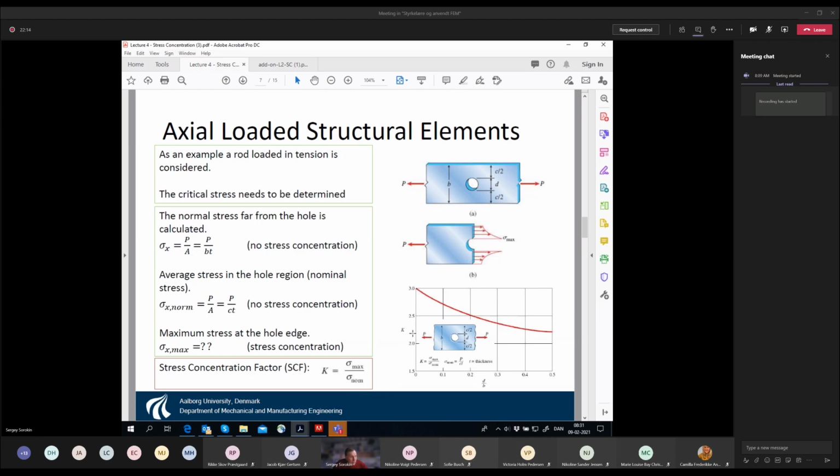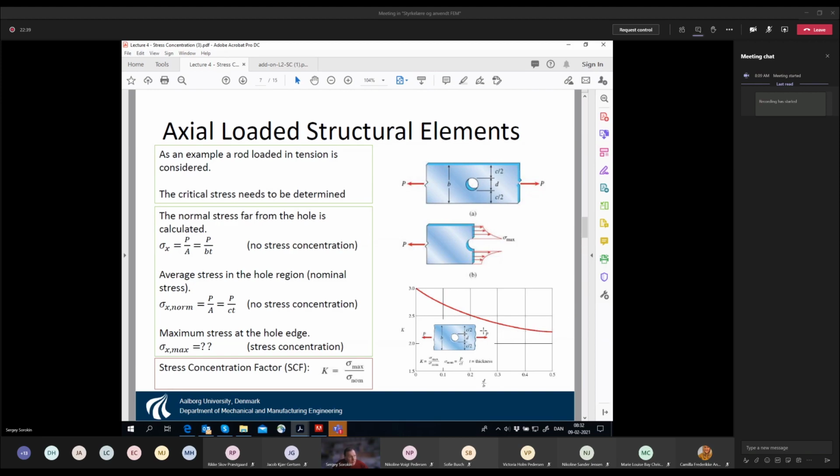And then immediately you can see here the dependence of this stress concentration factor upon the ratio between the diameter of the hole and the width of the specimen.